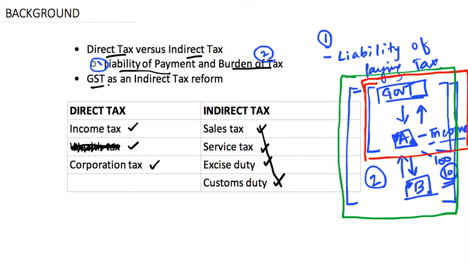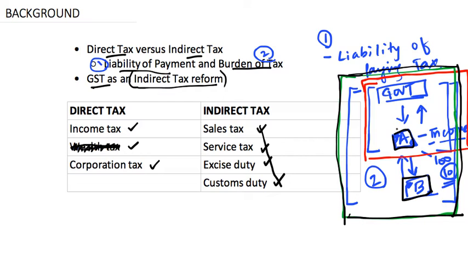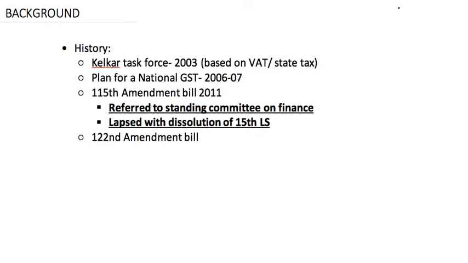Now, what is GST? GST is an indirect tax reform, which means that it is trying to deal with this relationship wherein the liability of payment lies on one person or A, whereas the burden of taxation is shifted to B. Okay, let's talk about the history of GST very briefly.